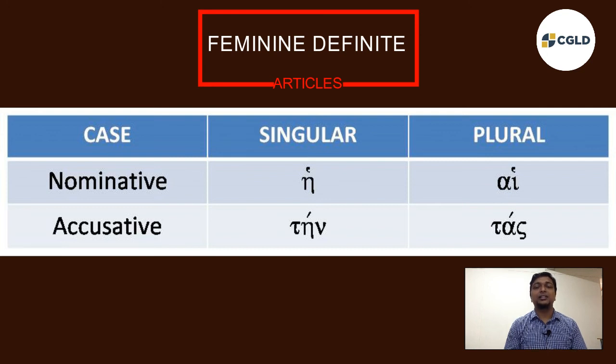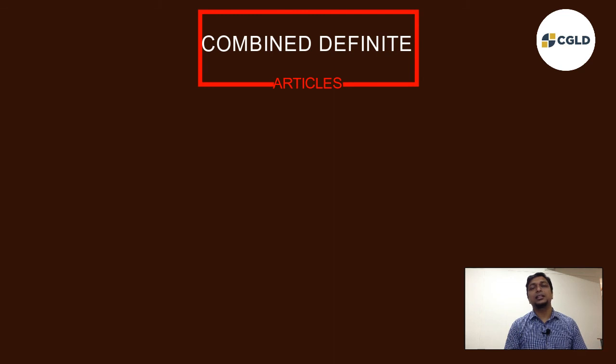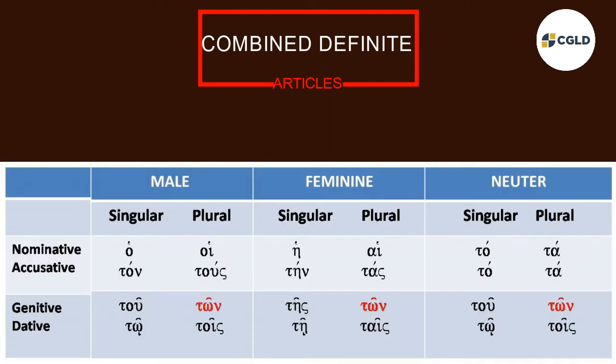Accusative singular, ten. Accusative plural, tas. Now, here I have laid down a combination of all the three definite articles, masculine, feminine, and neuter. So, please go through these tables, and as I said before, notice that the genitive plural is constant in all forms.